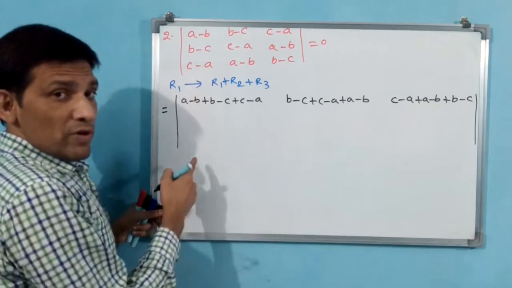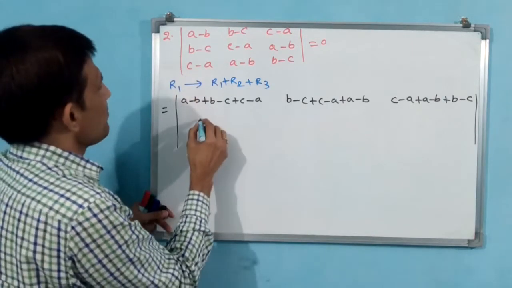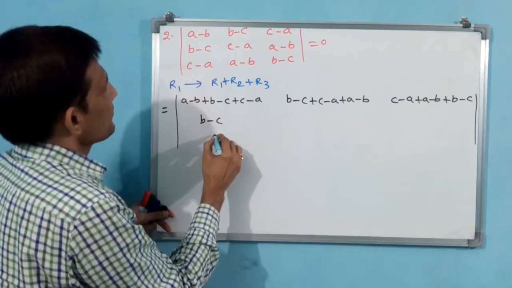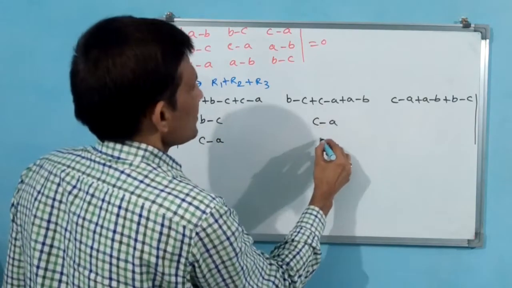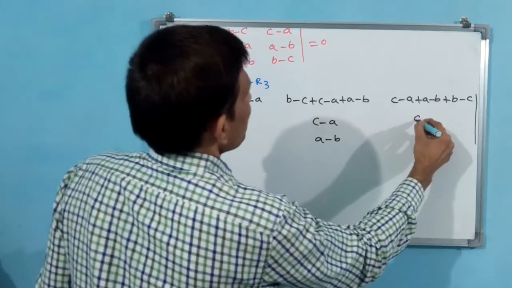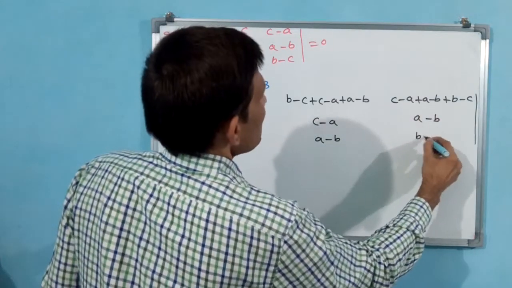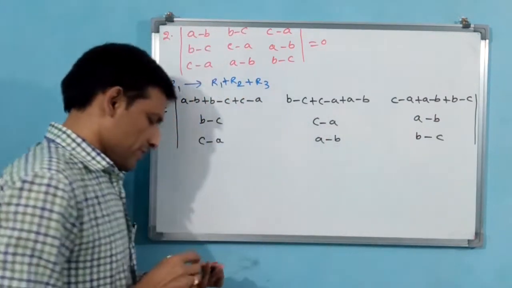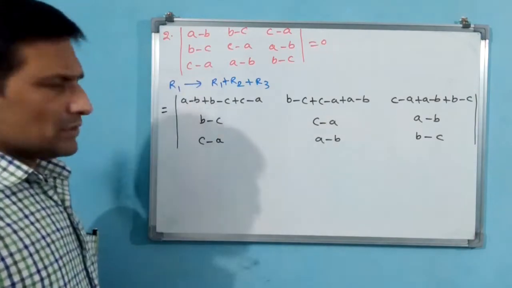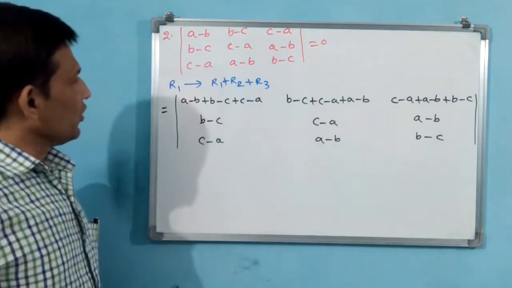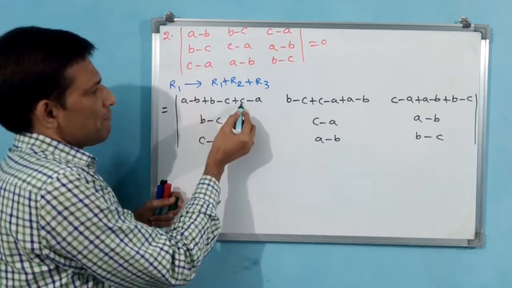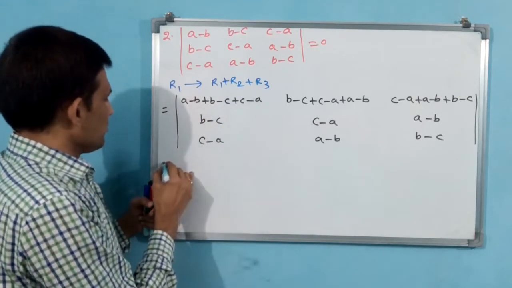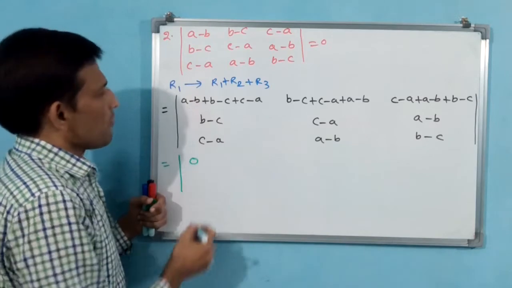See, R1 only we are changing. R2, R3 same you have to copy. Copy. B minus C, C minus A, C minus A minus B, A minus B, B minus C. Now go back again. You see, plus A minus B plus B plus C minus C, this is going to become 0.